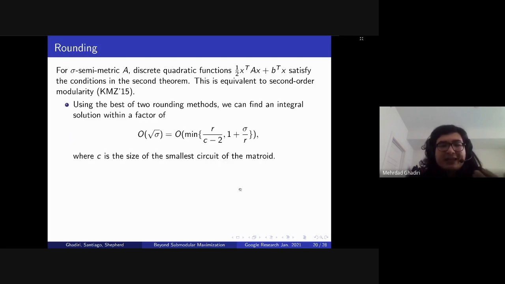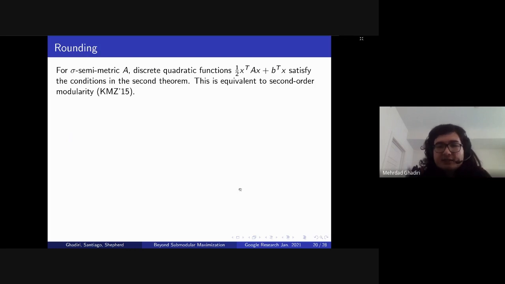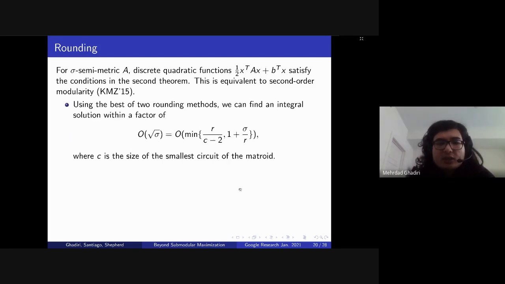So we ask, can we round them as well? We're interested in finding an integral solution, right? So the question is if we can round them. The answer is yes, but how we can round them is a bit complicated.